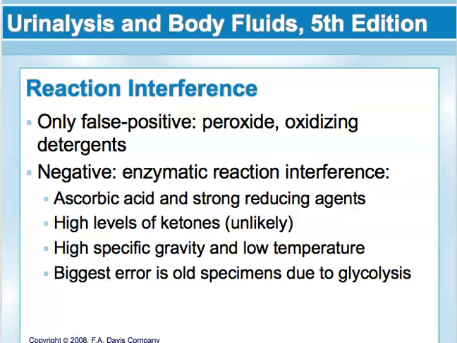Does anybody know what ascorbic acid is? That is vitamin C. High levels of ketones, which are a byproduct of fat metabolism, can also cause false negatives, though this is unusual because ketones are usually accompanied by glycosuria, so that's rarely a problem.